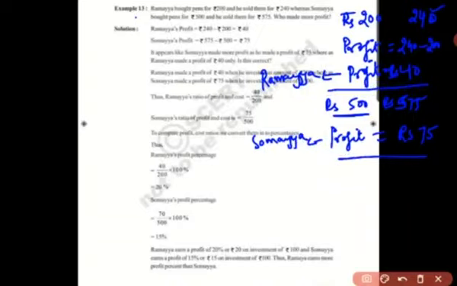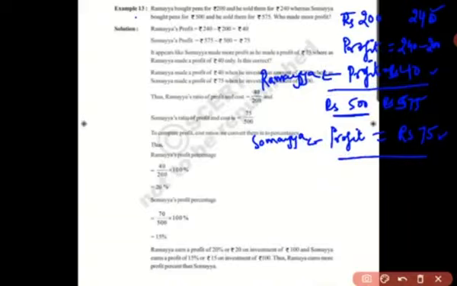So this was the profit of Ramaya, isn't it? And this was the profit of whom? Somaya. Okay, now looking at the profit, tell me who had more profit? Is it Ramaya or Somaya?